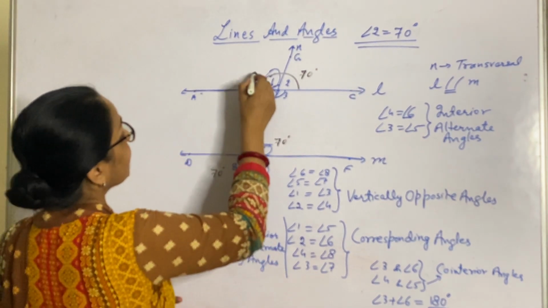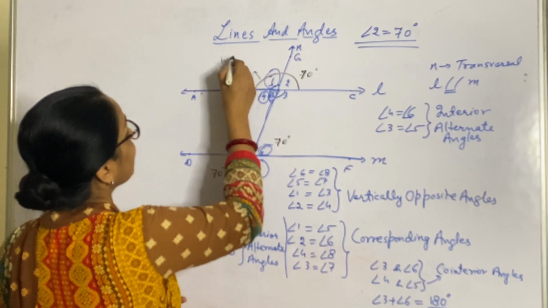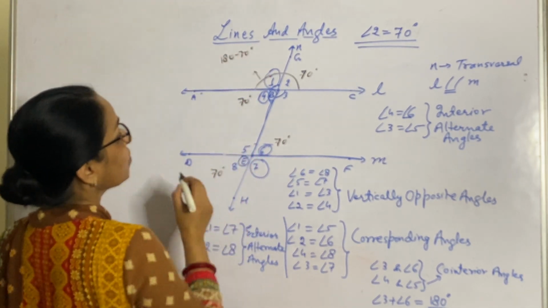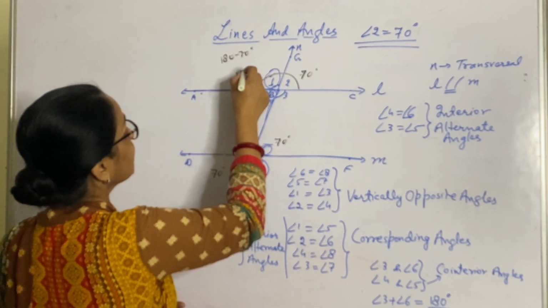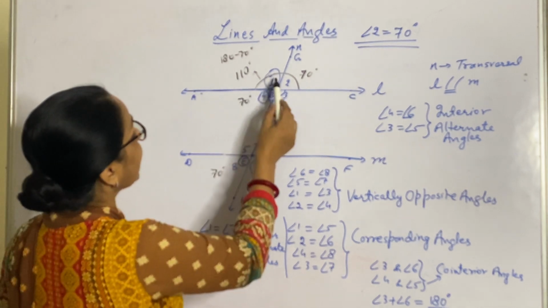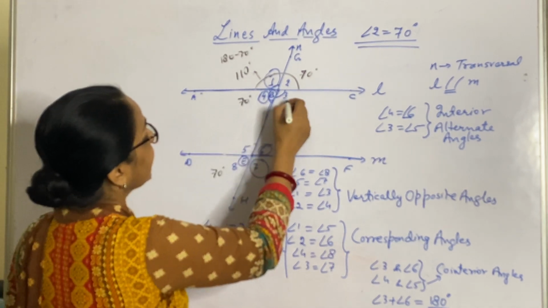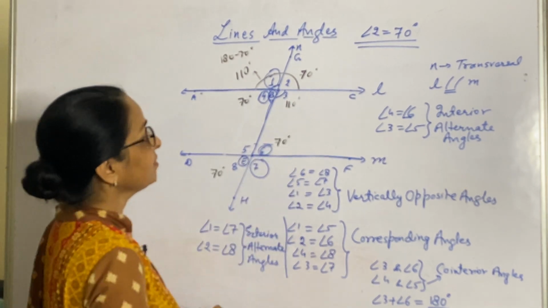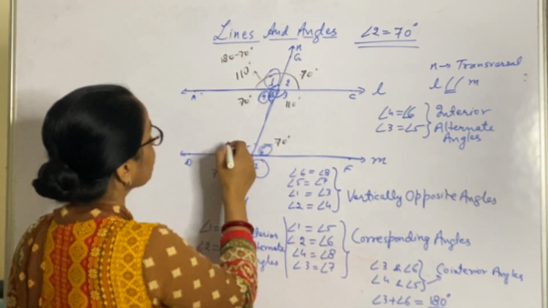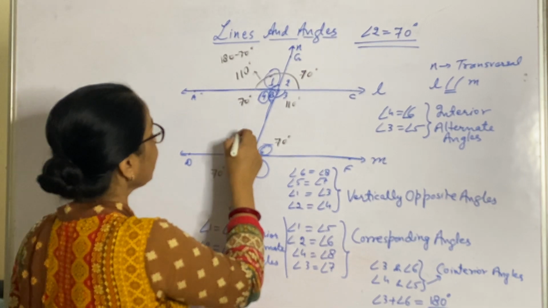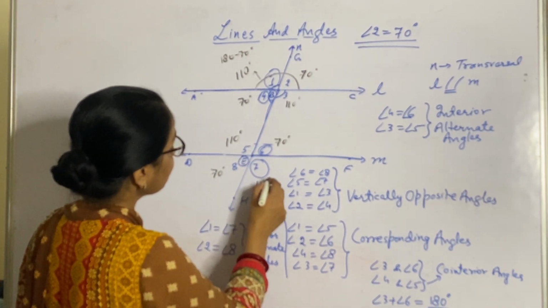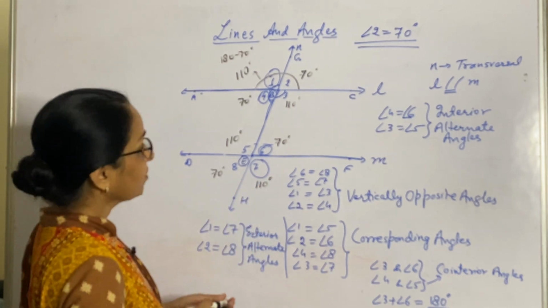It means my angle 1 will be 180 minus 70 degrees, which is 110 degrees, correct? So if angle 1 is 110, angle 3 will also be 110, vertically opposite. Now this is 110, so angle 5 will also be 110 and angle 7 will also be equal to 110, right?